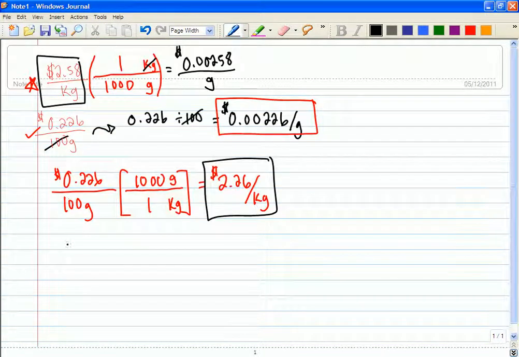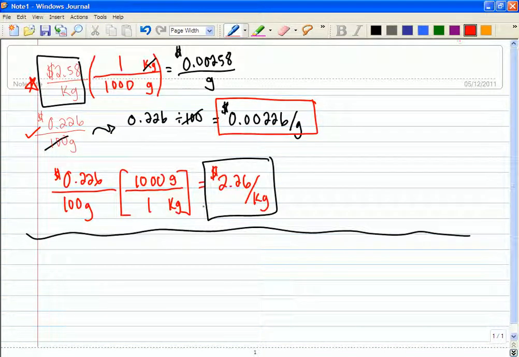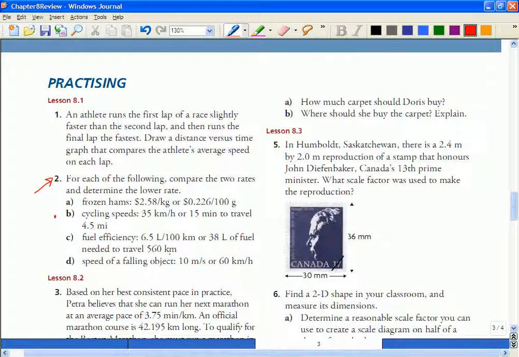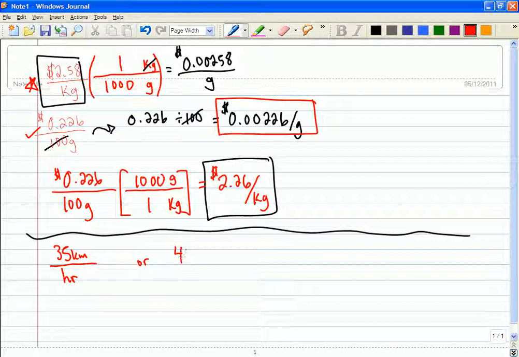We're looking at 35 kilometers per hour or 4.5 miles in 15 minutes. I'm going to let you work this one for a minute or two. Remember, you have to get your units to be the same. If you didn't know, 1 mile is 1.6 kilometers.